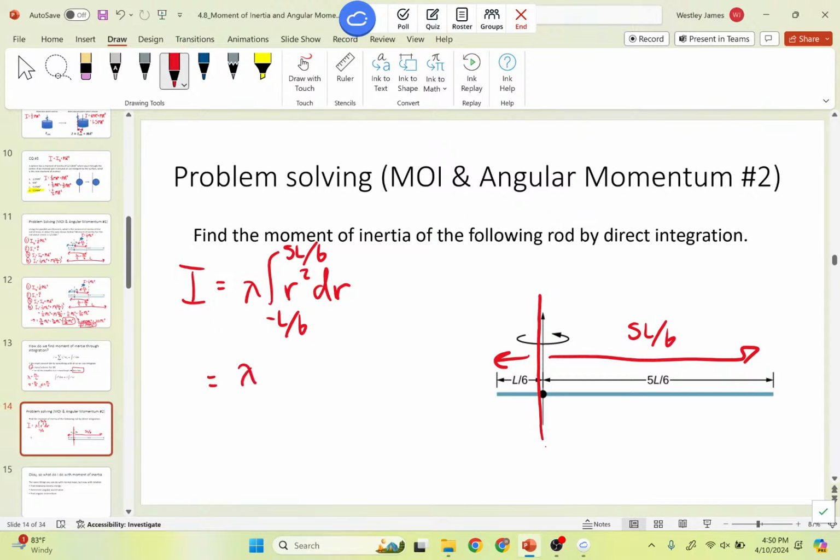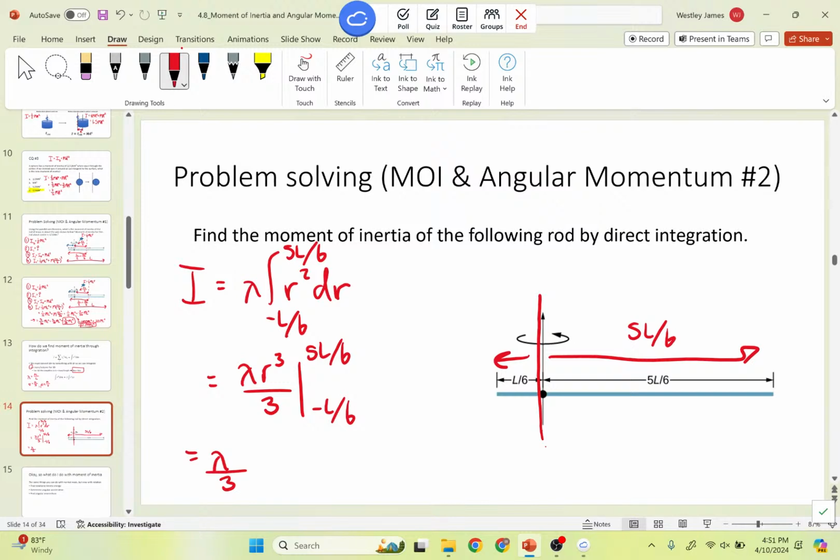So you should have gotten lambda r cubed over 3 from negative L over 6 to positive 5L over 6. Now you just plug them in. Let's pull that lambda out, and pull that 3 out.